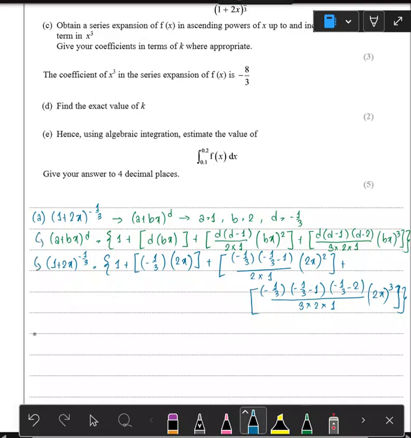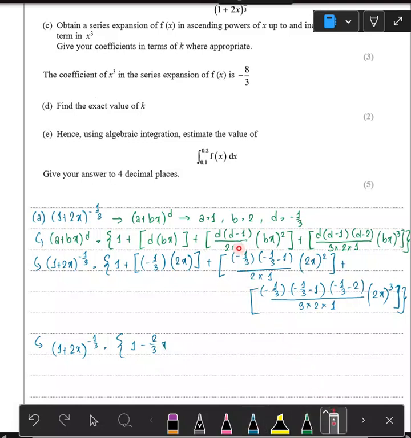We have written the expansion. Now when we expand this, 1 plus 2x to the power negative 1 by 3, this would be just 1 plus a bracket. If I multiply negative 1 by 3 with 2x, then this would be negative 2 by 3x.